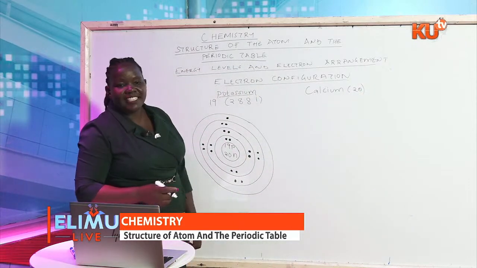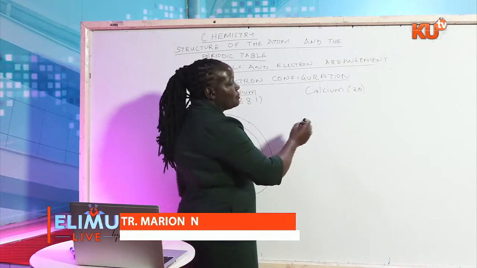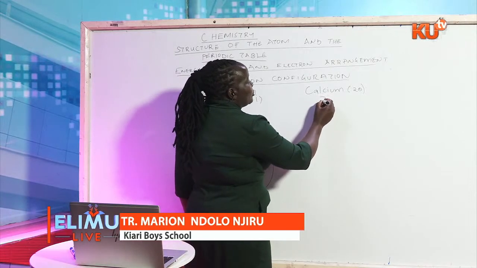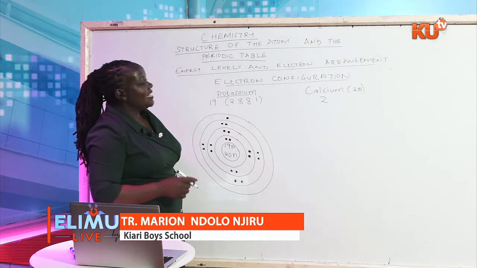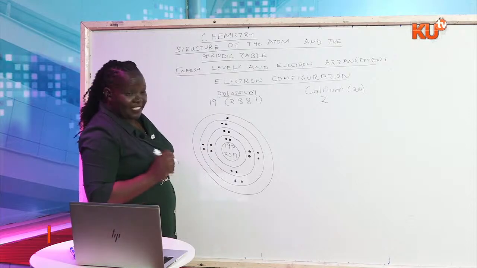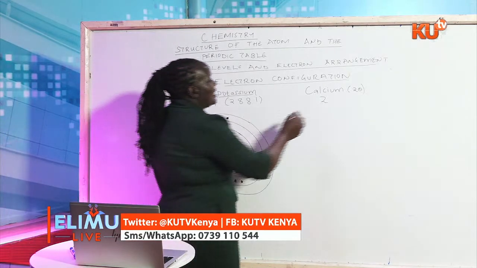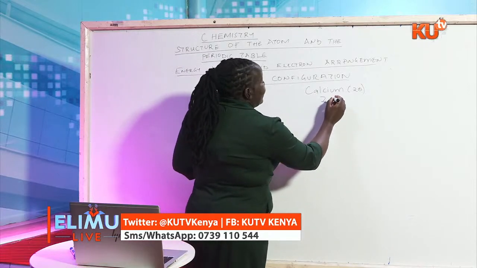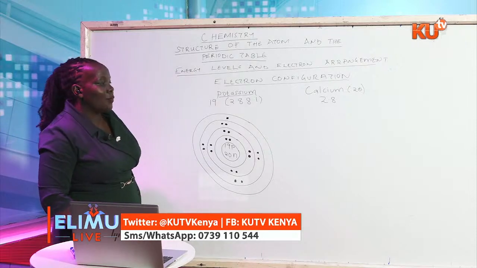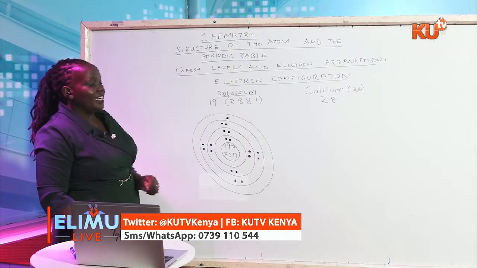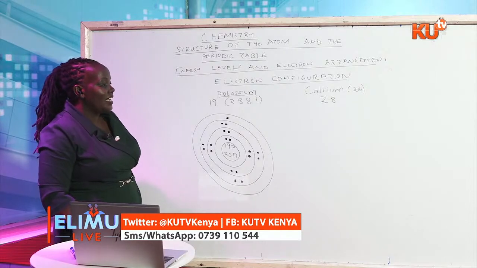The first energy level carries a maximum of 2 electrons. If 2 are in the first energy level, we are left with 18 electrons. Then the next energy level will accommodate 8, so now we have 10 electrons there. That means we still have 10 more electrons.